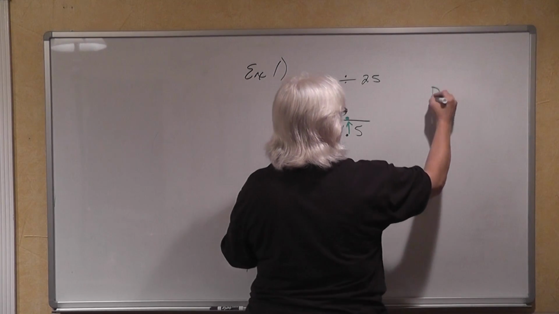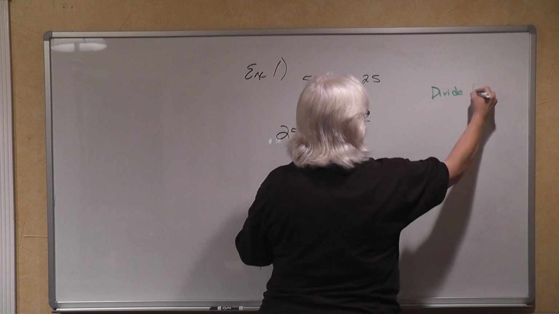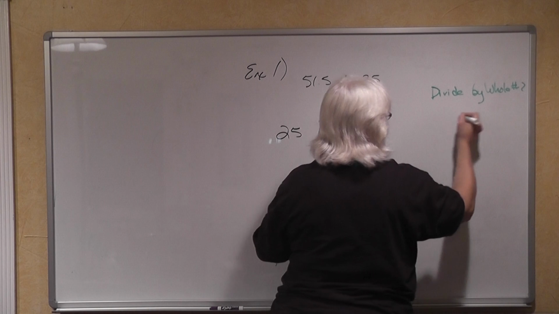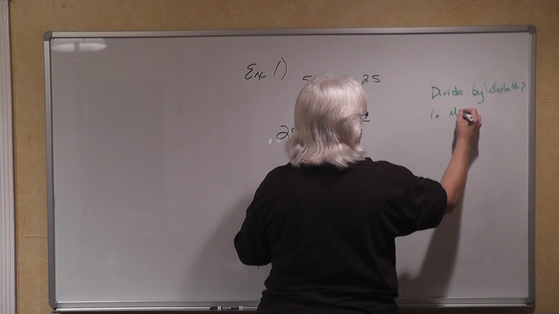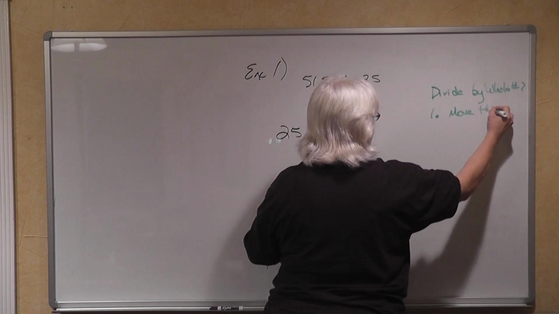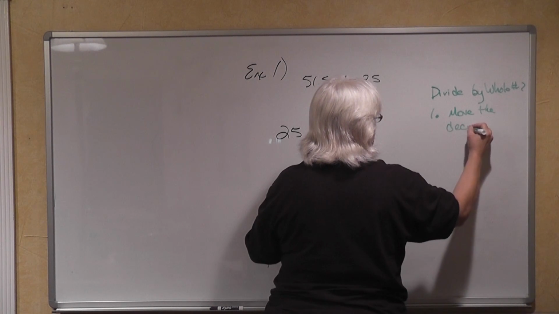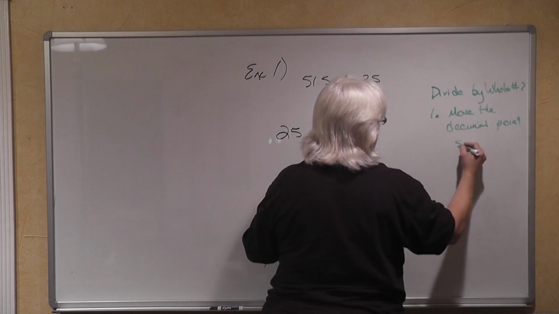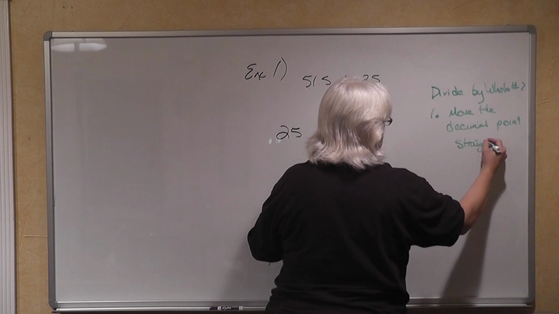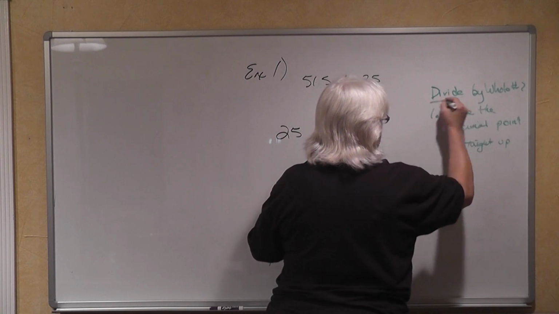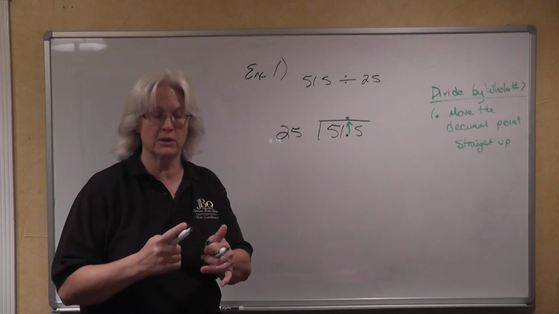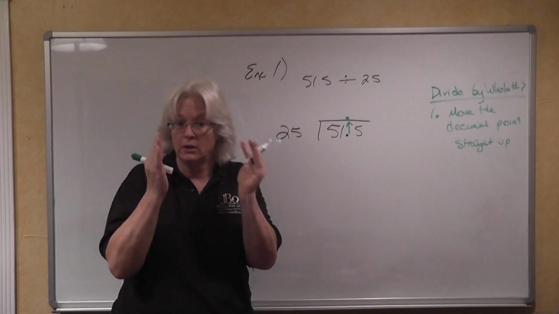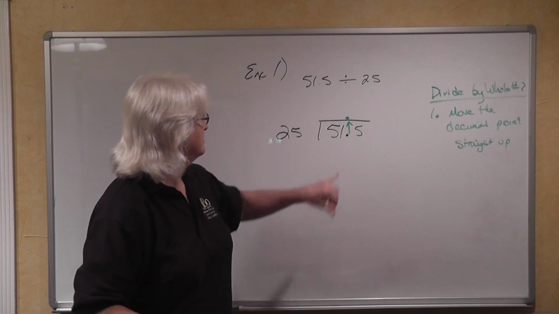Move the decimal straight up, and then do your division as you would divide whole numbers. Just ignore the decimal points once you have located it.